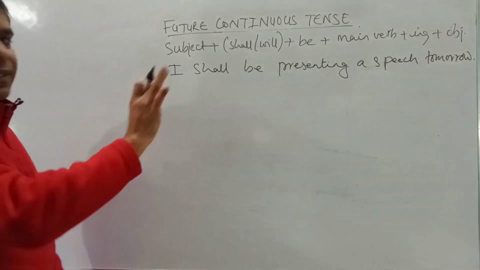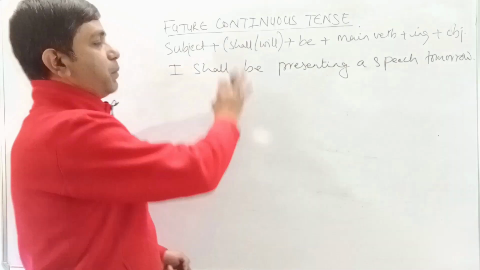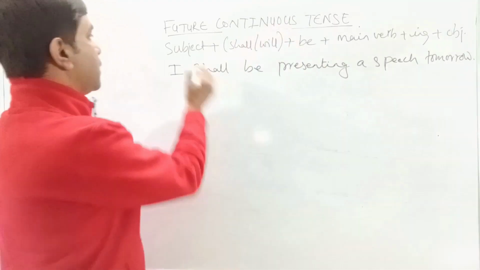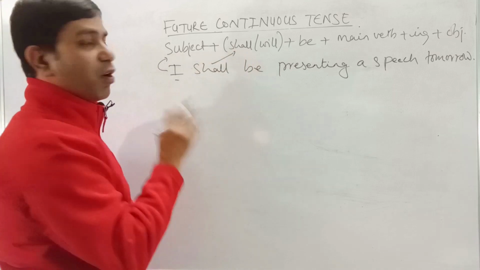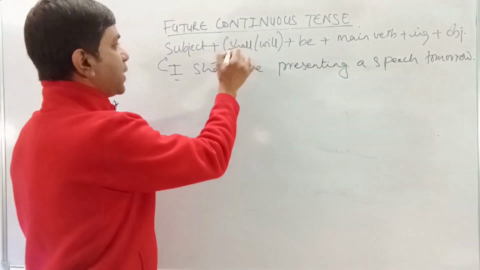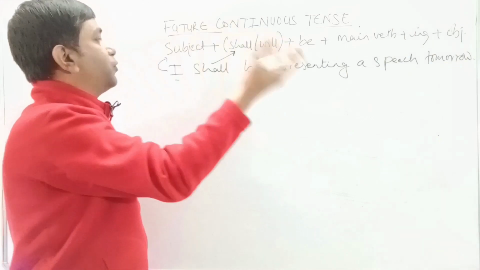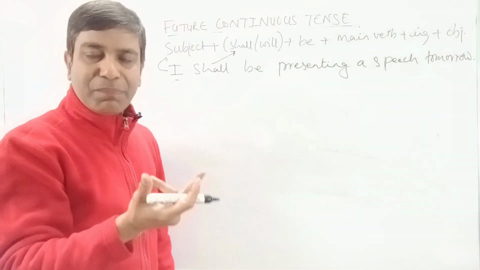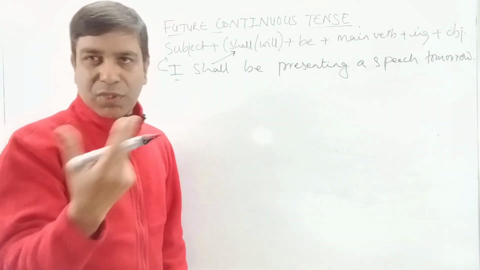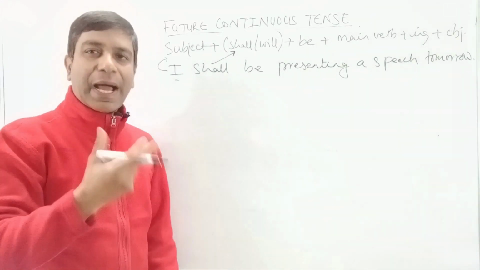Okay, look at this sentence once again. I shall be presenting a speech tomorrow. I is the subject, shall is the auxiliary verb, because without shall we cannot represent the future time. So this is necessary. With I we usually use shall, but you can also use will. I will is also correct, but formally it is I shall.